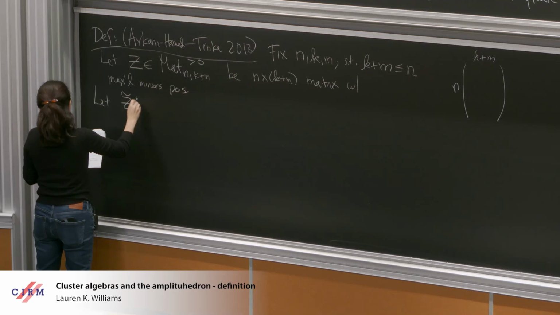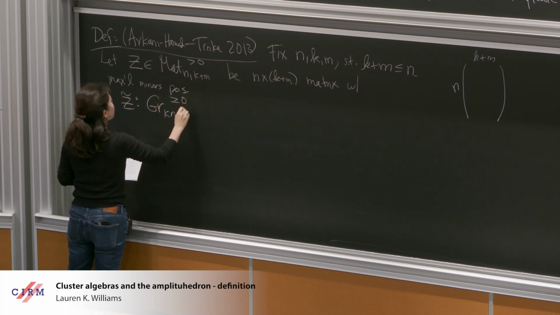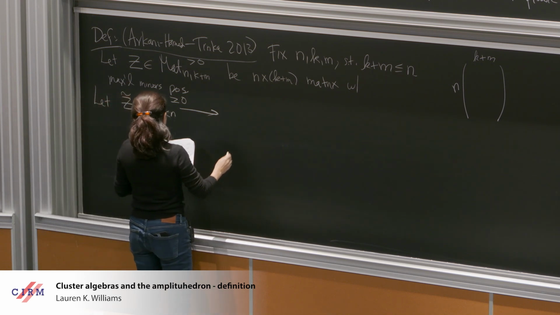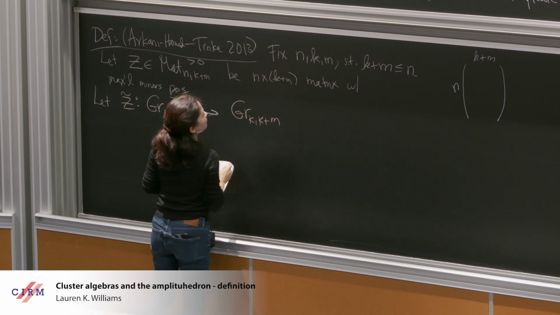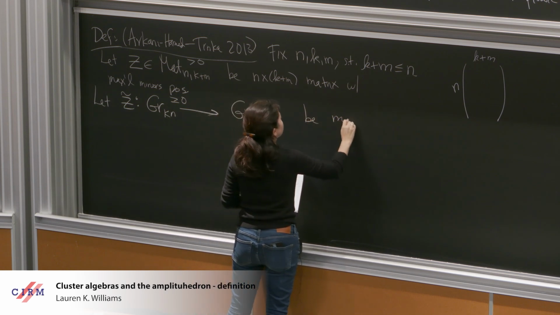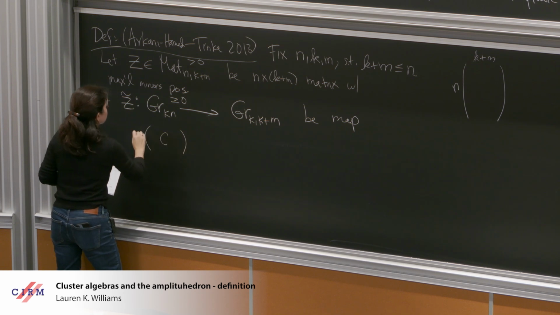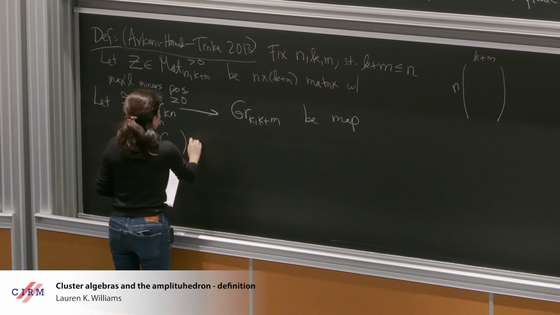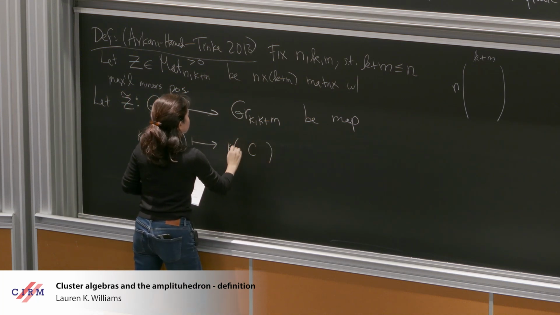And now I'm going to define a map, Z tilde. So this is going to be a map from the Tn Grassmannian, Gr(k,n), to another Grassmannian of k planes in k plus m space. And this is a map that takes the k by n matrix C to the matrix product CZ.